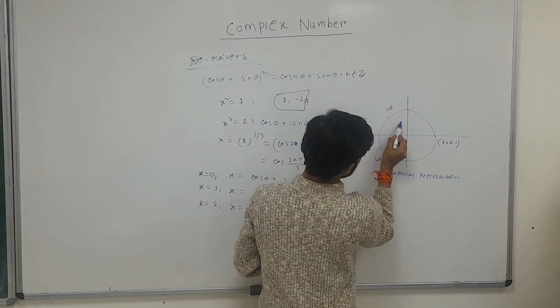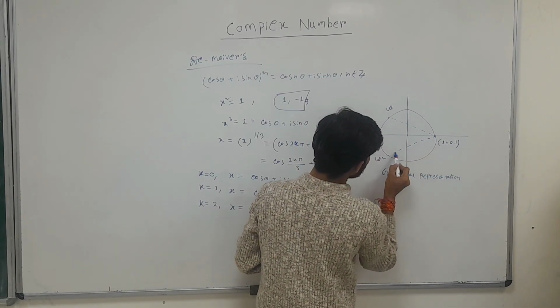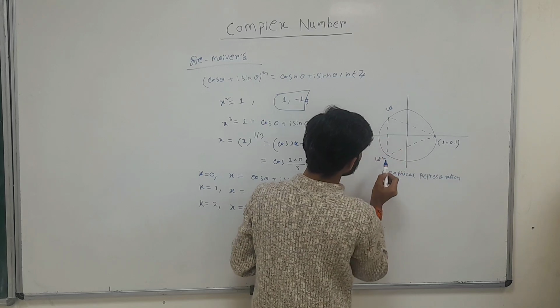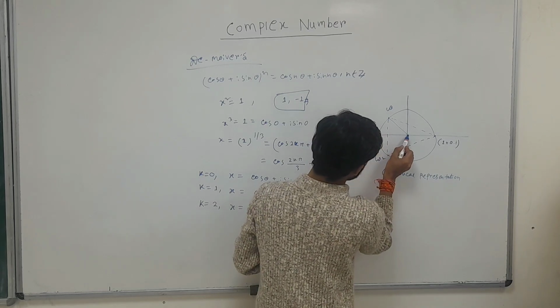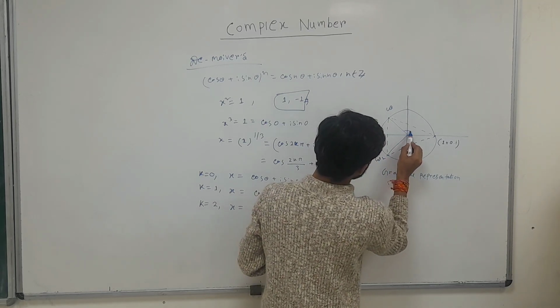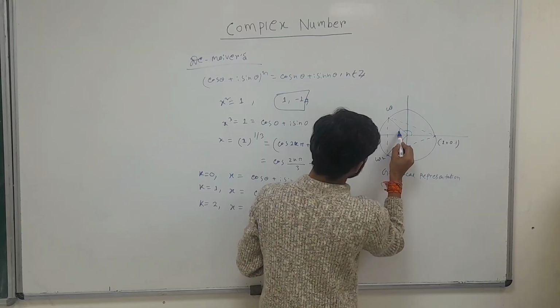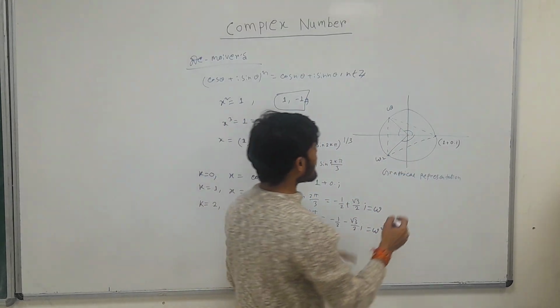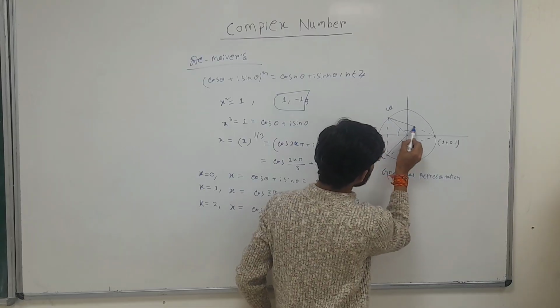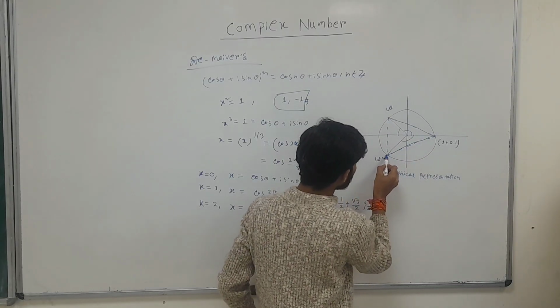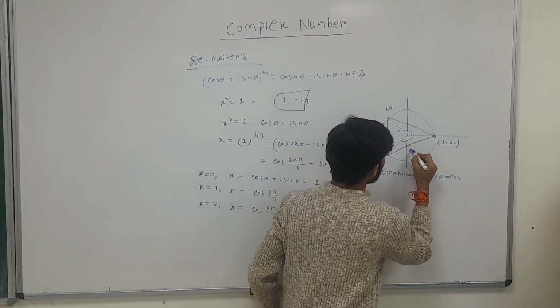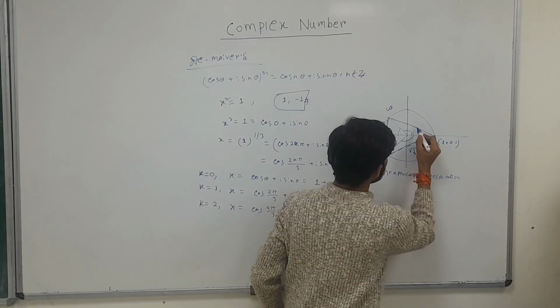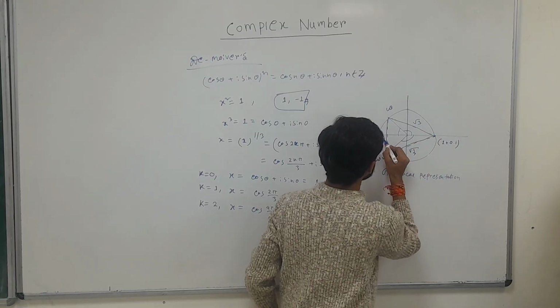You just draw a line from this to this, and here this angle will make 2 pi by 3, this angle will make 2 pi by 3, and this angle will make 2 pi by 3. Okay, and this is an equilateral triangle, and this length is root 3.